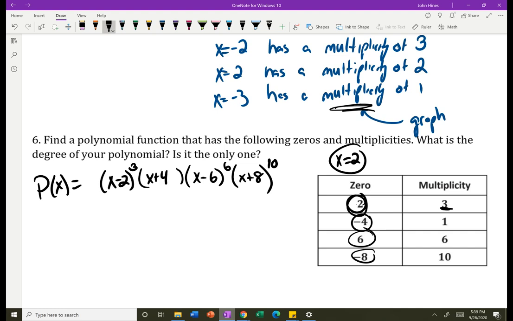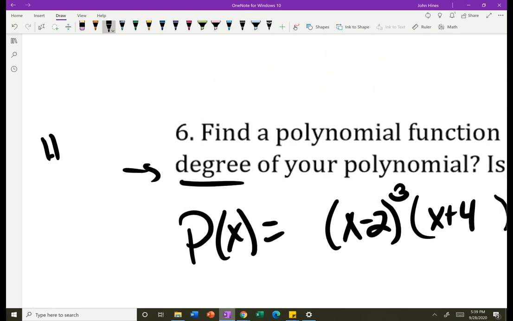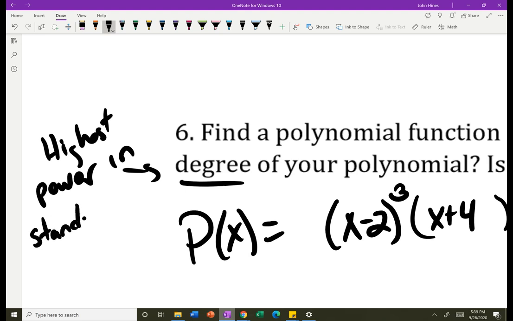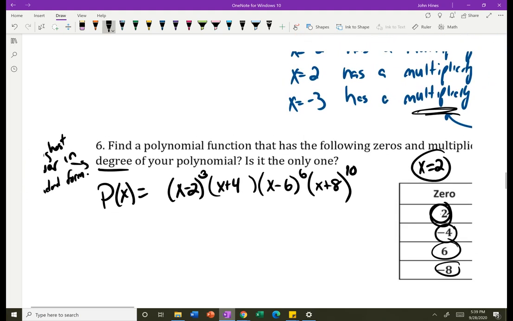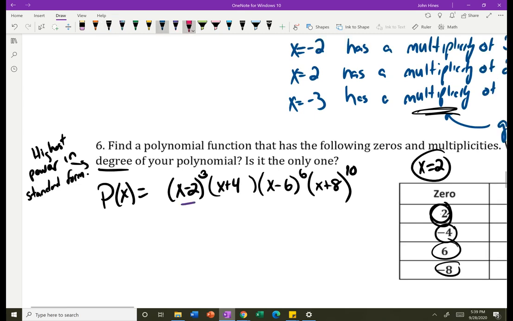So it says, what is the degree of the polynomial? Well, the degree, remember, is the highest power in standard form. So if I was to make boxes and multiply this all out, what would my highest exponent be? Well, how many factors do I have? I have 1, 2, 3, 4, 6 more, and then 10.